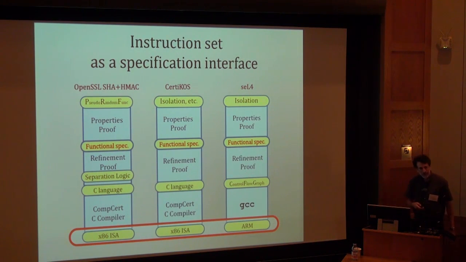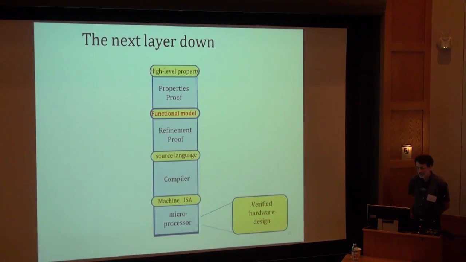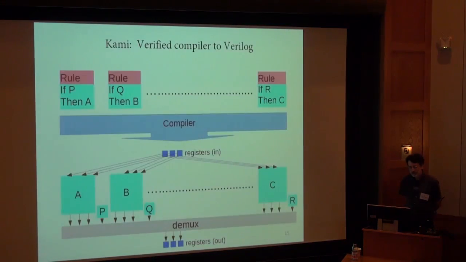And therefore, the part of DeepSpec that uses the ISA as a client, such as compiler correctness proofs, and the other part of DeepSpec that implements that ISA from below, find specifications of instruction sets to be very important interfaces between modules.